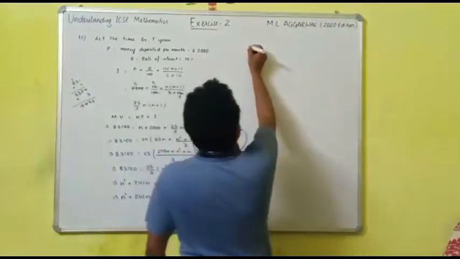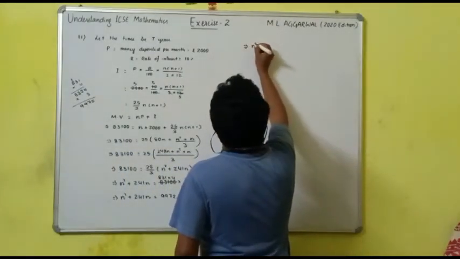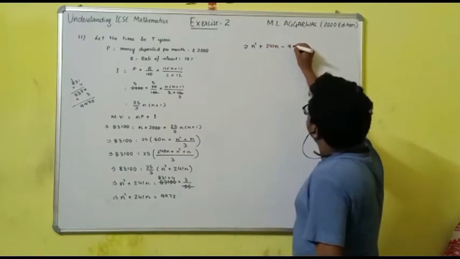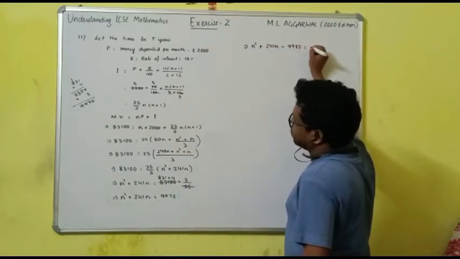Now let me take this portion. And n square plus 241 n minus 9972 is equal to 0.